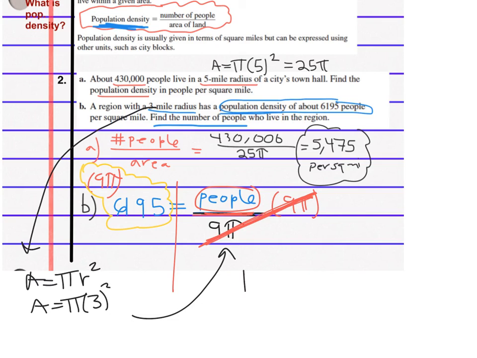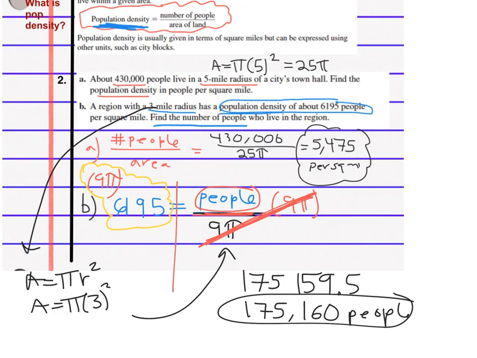And I am getting 175,159.5. So if I were really to round that to find the number of people, I would round that up to 160 people living there. The rounding, we won't be super picky about that, but that is what I would do.